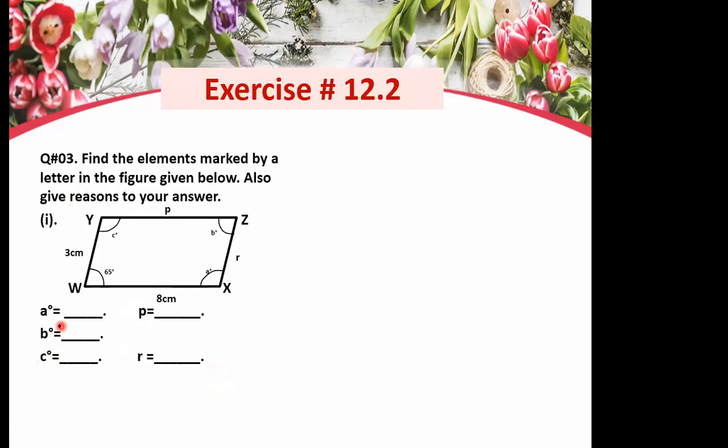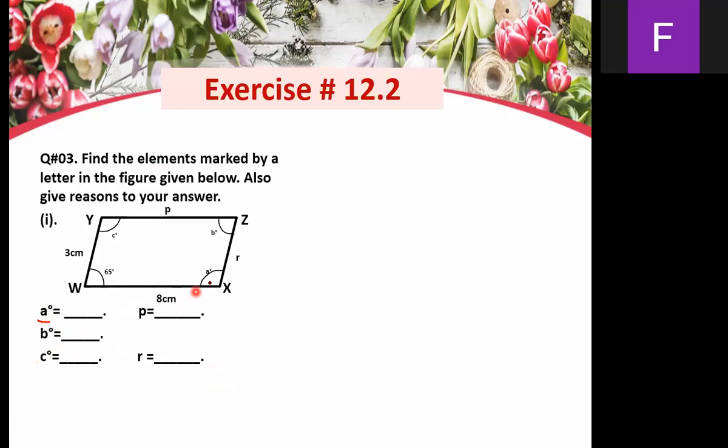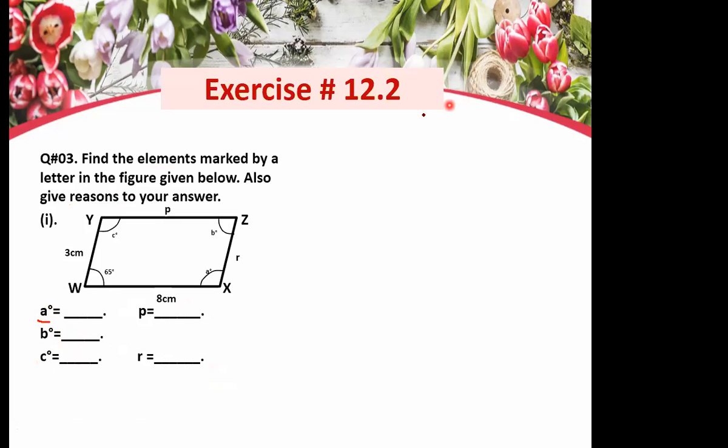How will you do it? First, you have to find this A. But before solving any question, you should identify the shape. Which kind of shape is this? Is it a parallelogram, rhombus, rectangle, square, or trapezoid?